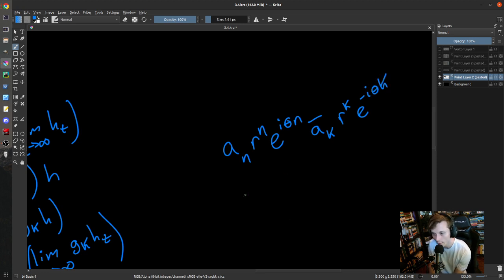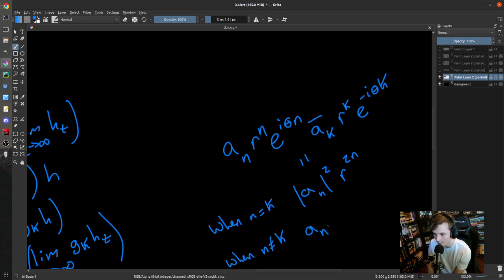Now when n equals k, this is just a_n modulus squared, r to the 2n, and those will cancel each other out, right? But when n is not equal to k, notice what you get: a_n a_k bar r to the n plus k, e to the i theta (n minus k), yeah?